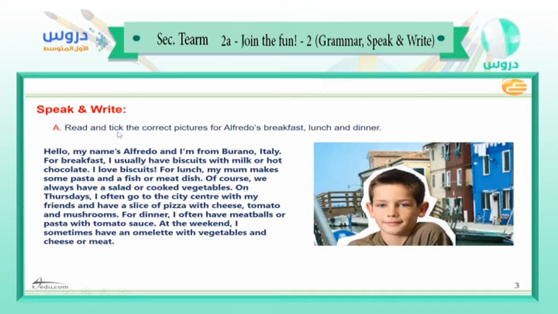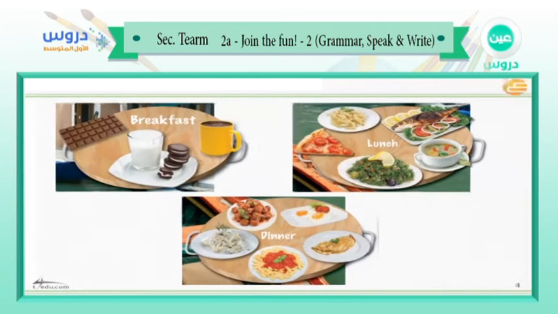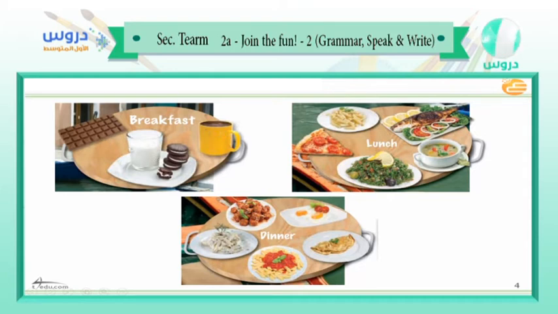So where can we tick? On these 3 meals, okay? So with the breakfast we have 3 or 4 things. So we will see what exactly Alfredo eats every morning. So this is the breakfast that you eat every morning.